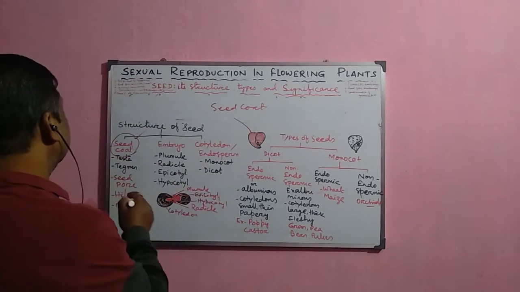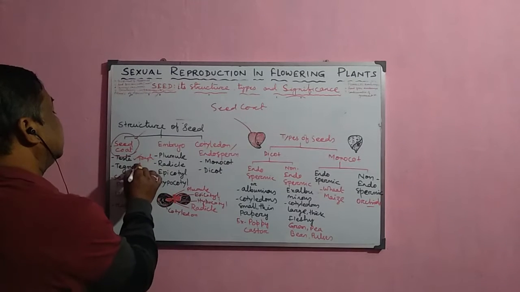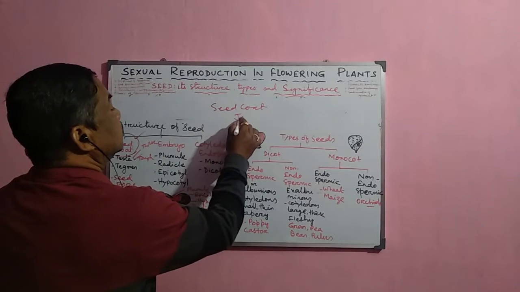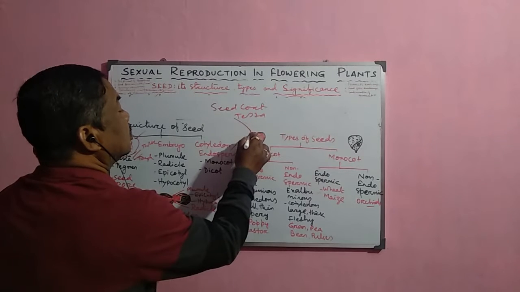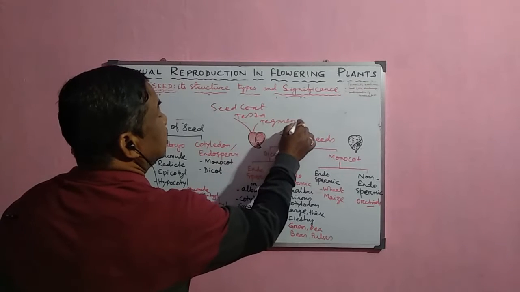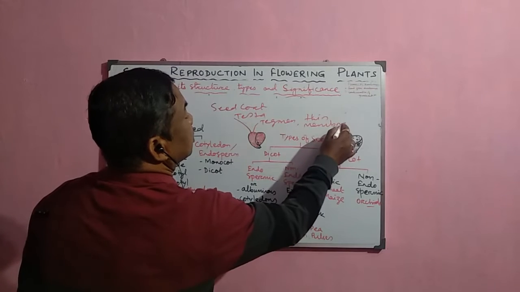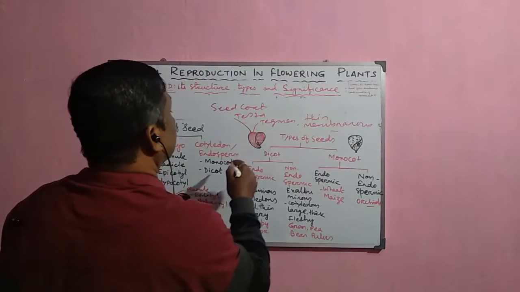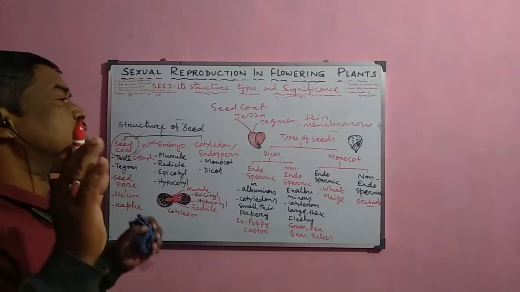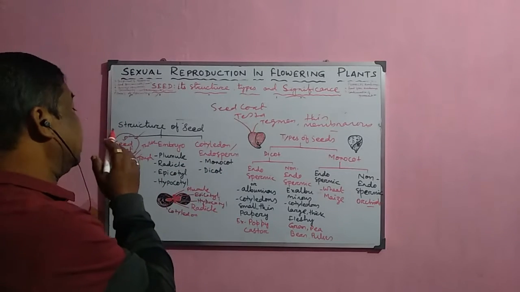The outer integument develops the testa, which is tough and thick. Just below the outer covering is the inner covering, called the tegmen, which is thin and membranous. These are the different layers which protect the inner contents of the seed, mostly the embryo.